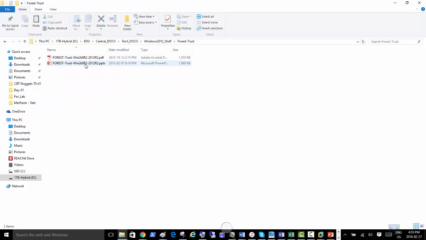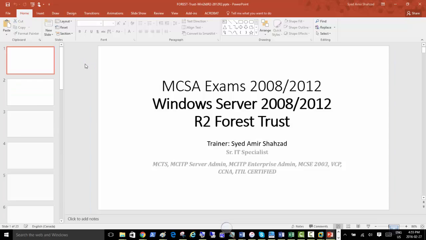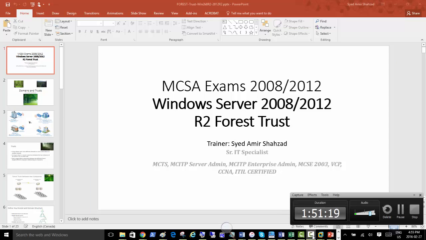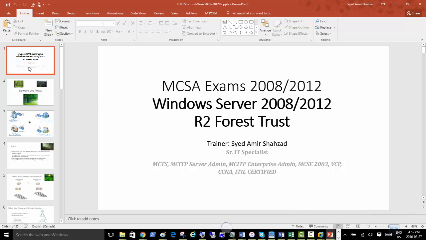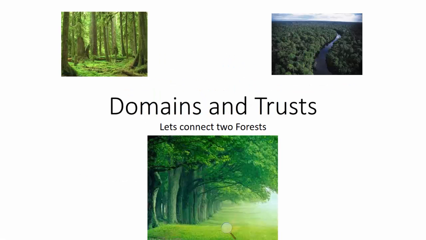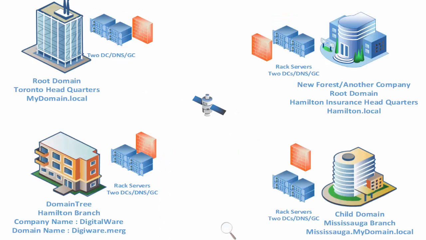So forest trust is, we need to learn or know about the trust relationship between all the automatically created domains and stuff. Forest trust hasn't changed from 2008, even if in 2003 there was some extra step, but it didn't change from there. So in Domains and Trusts, let's connect two forests.